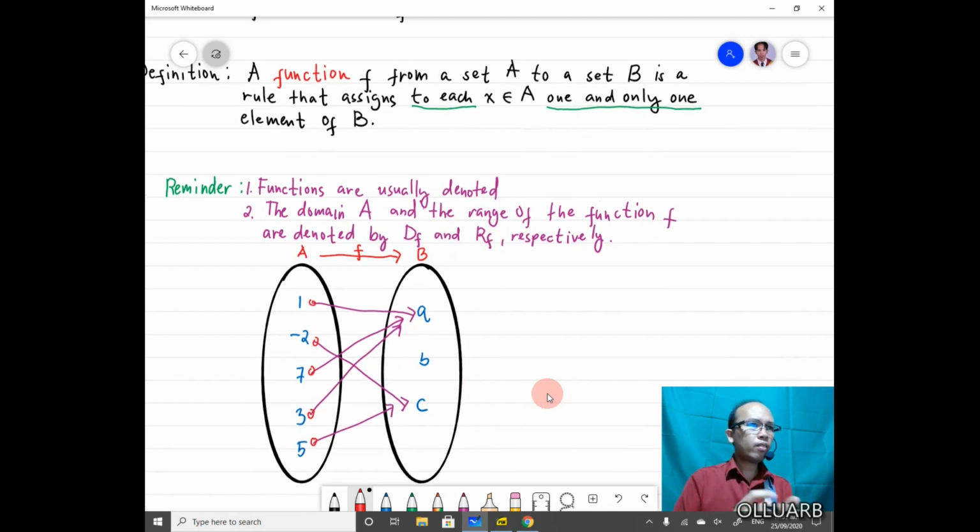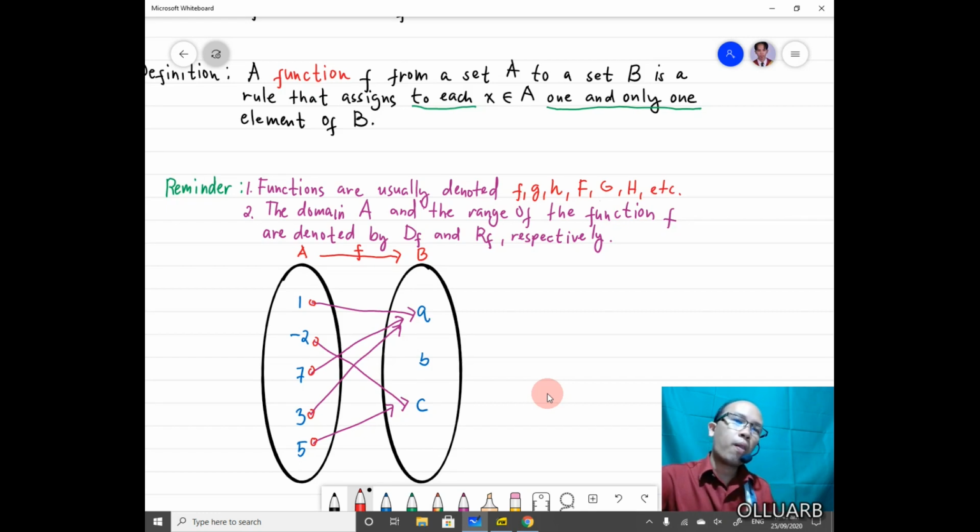So we have a reminder here. A function, we will denote it by small f or small g or small h or big F or big G or big H, etc.